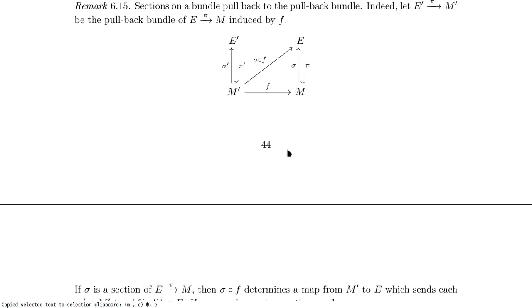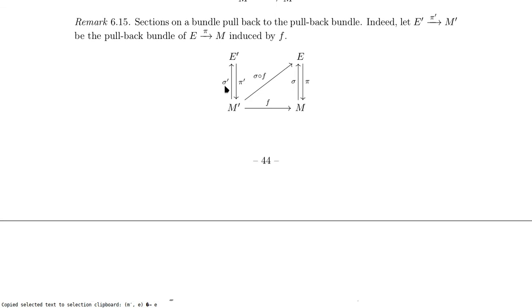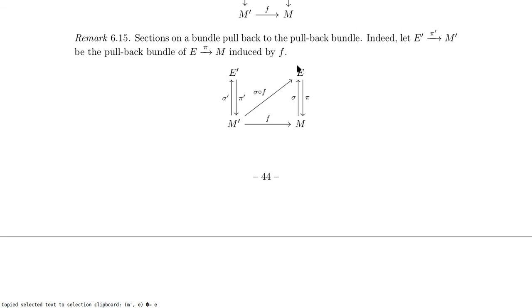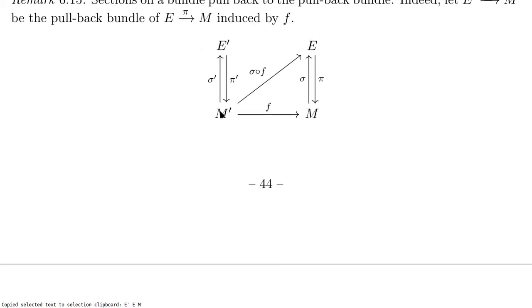And how do they get pulled back? Okay, we can see that. You have E over M, a bundle with sigma as its section. You have this as the pullback bundle from f, and your section here is sigma prime. You just have to show that sigma prime and sigma are the same thing.